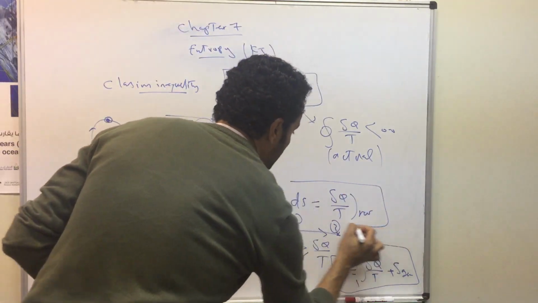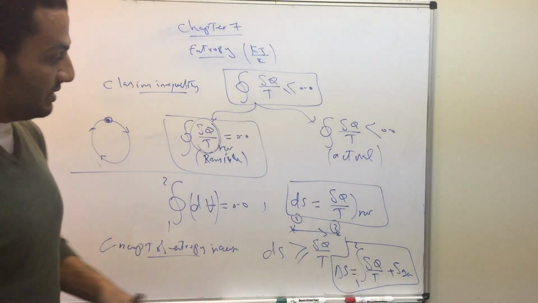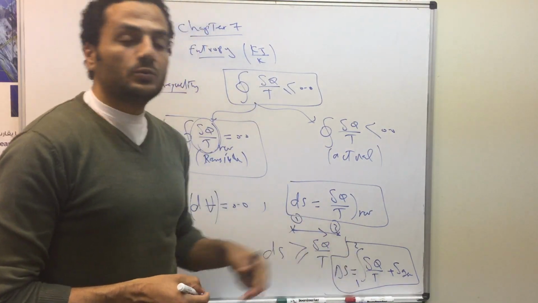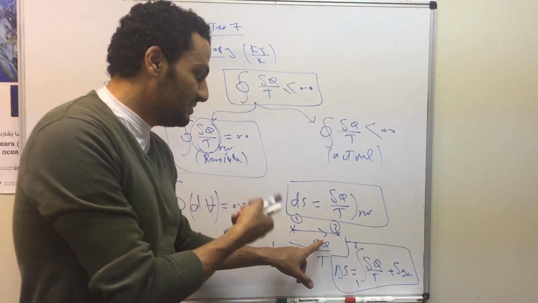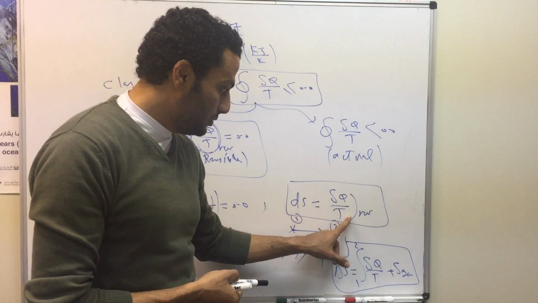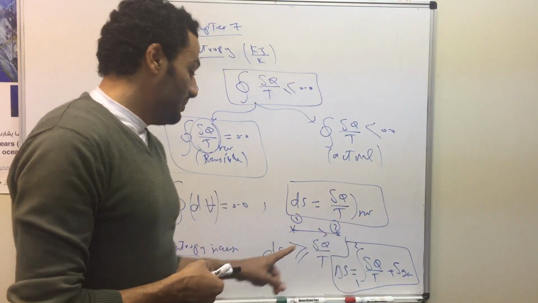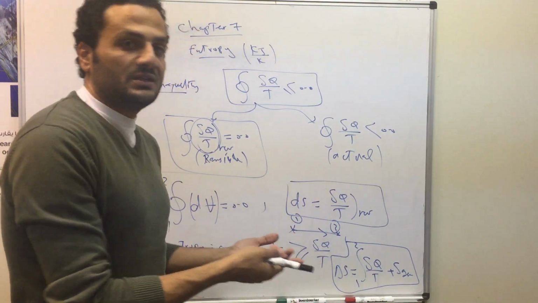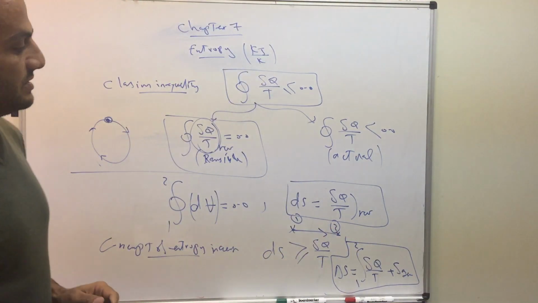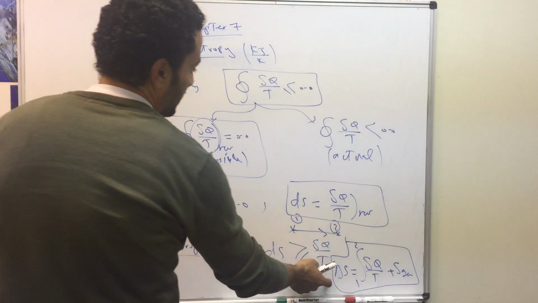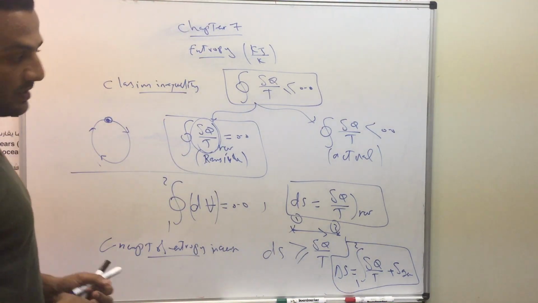So this is the equation for delta S for a reversible process, and when we have an actual process, delta S is greater than delta Q over T. It can equal delta Q over T if the process is reversible, but for an actual process it should be greater than this value because of the entropy generated, S generation, within the system. This applies to the actual process.